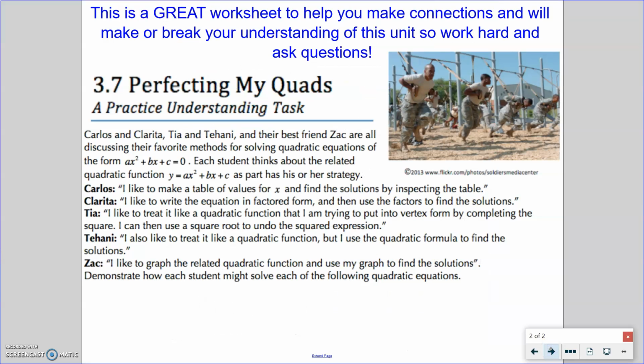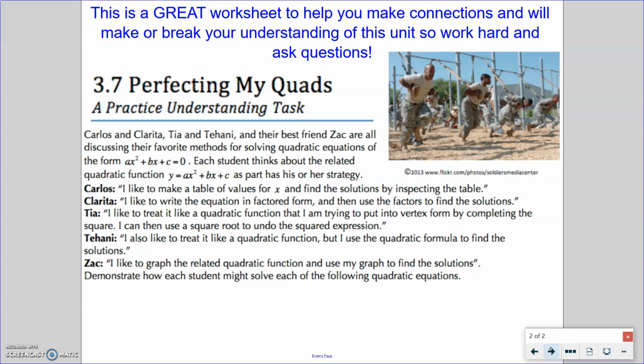All right, so today you're going to be working on a worksheet that's going to help you make connections, and really it's going to make or break your understanding of this unit. Making connections as to no matter how I solve a quadratic, I should get the same answers every single time, okay? So let's read through this together and then you can start the assignment.